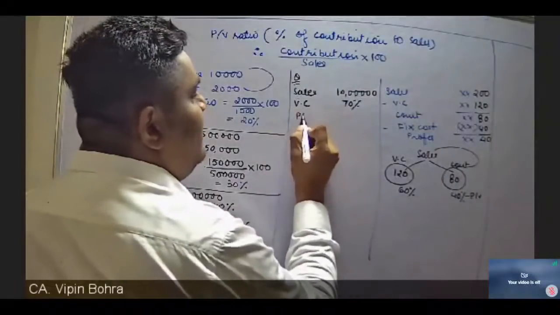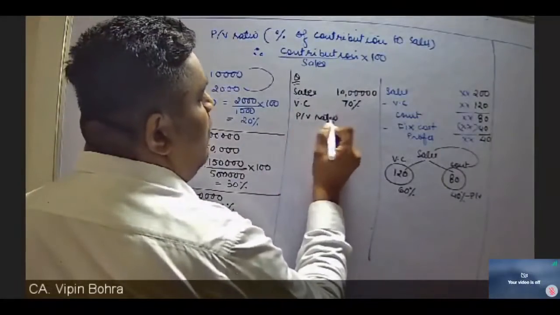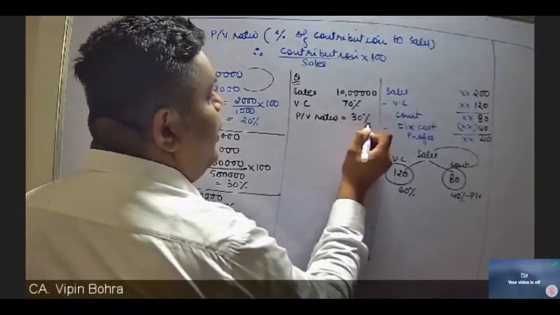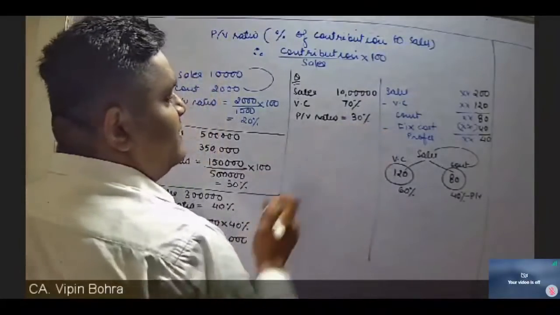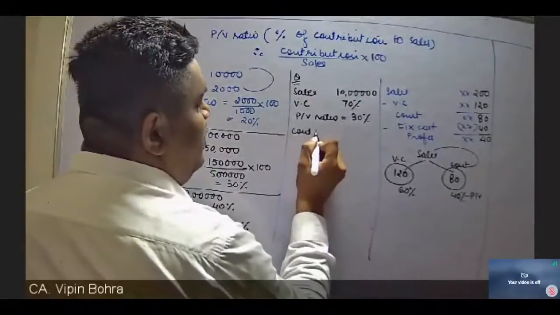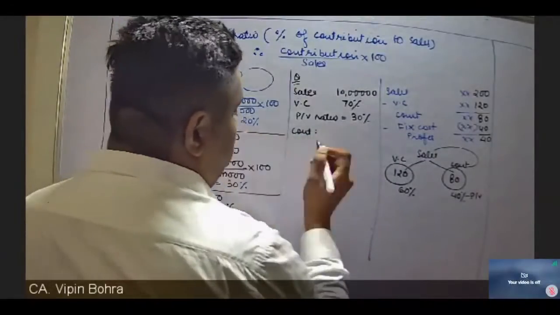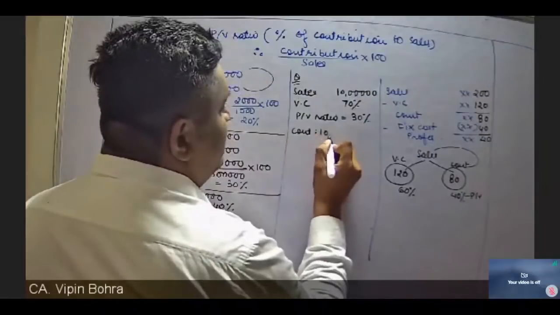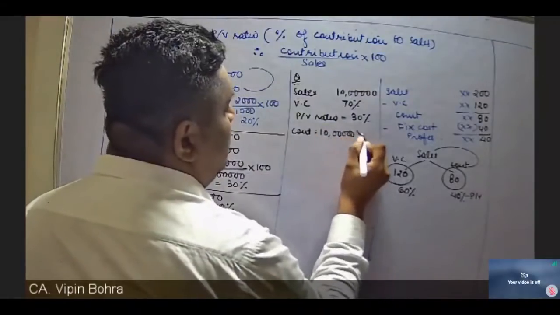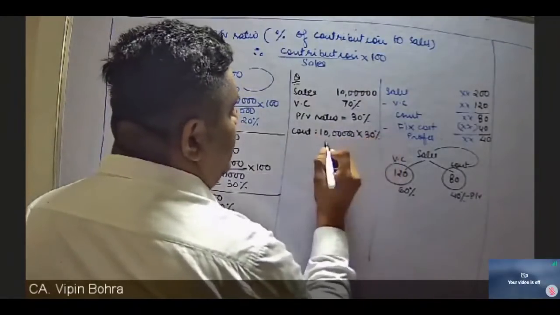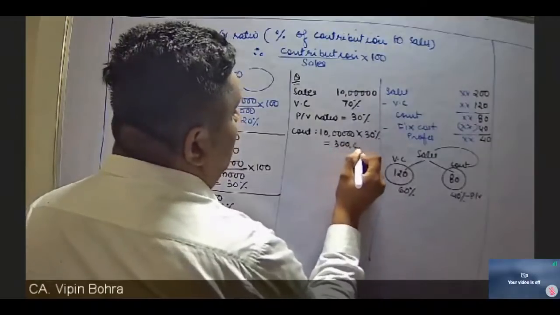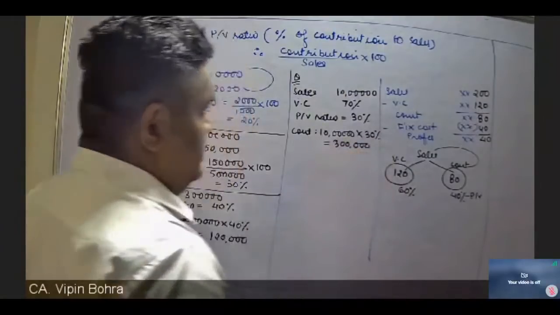So what will be my PV ratio? What will be my percentage of contribution to sales? 30%. So I can easily get my contribution as 10 lakh into 30%, that is 3 lakh rupees.